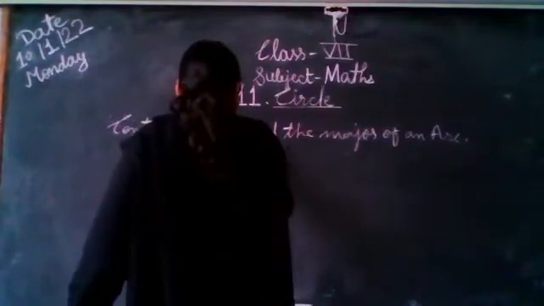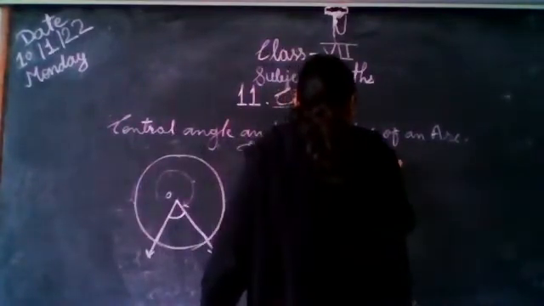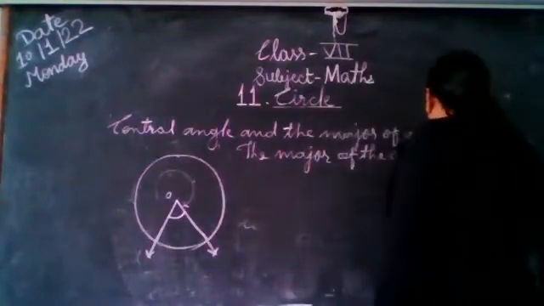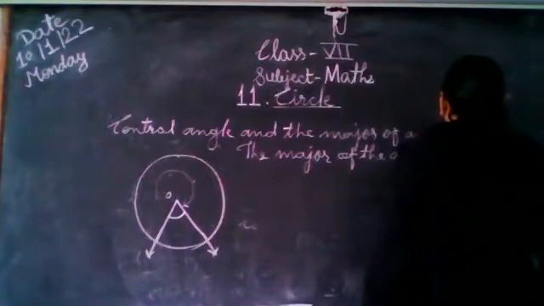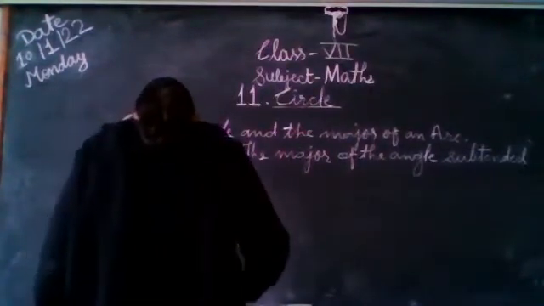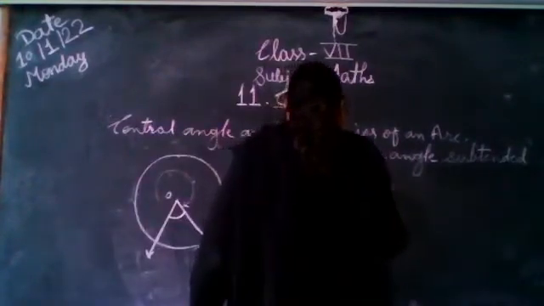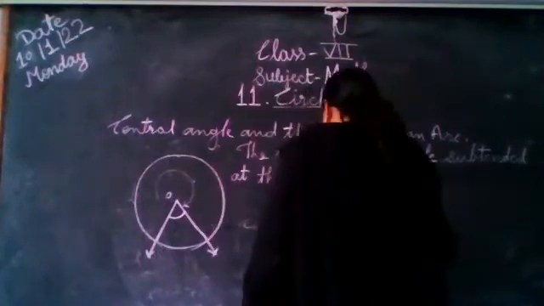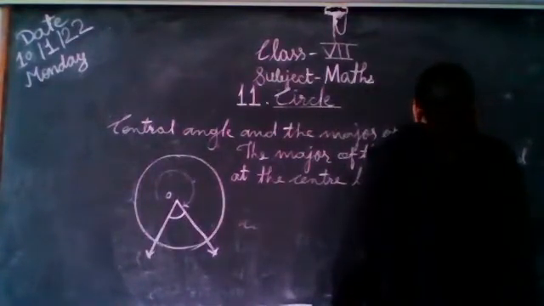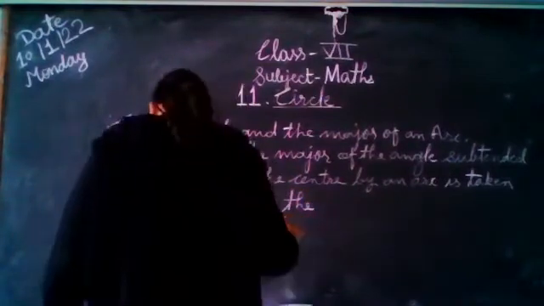The measure of the angle subtended at the center by an arc is taken to be the measure of the arc.